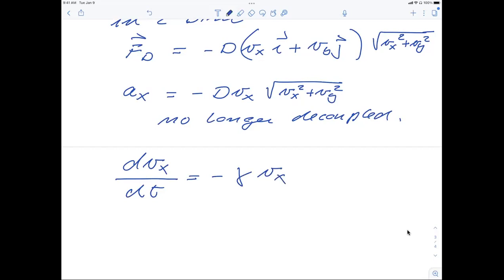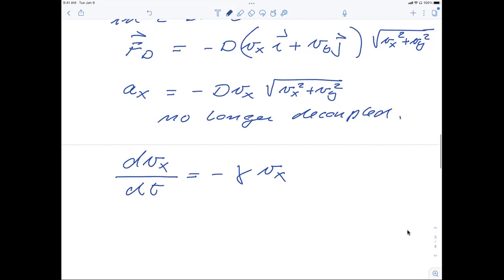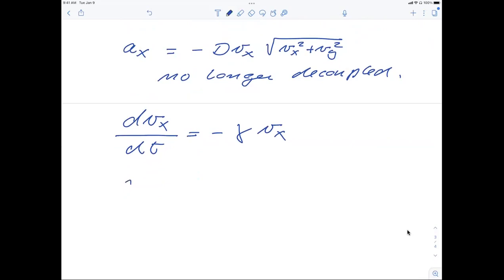Again, we separate out the velocity part on one side and time on the other side, and we integrate them up separately. So we rewrite this as dv_x divided by v_x equals minus gamma dt.